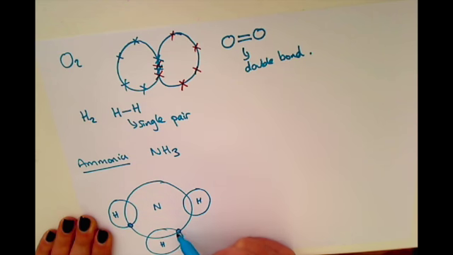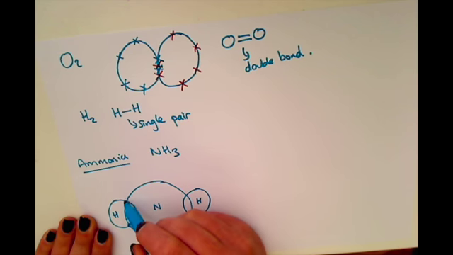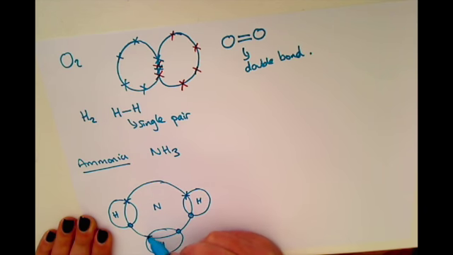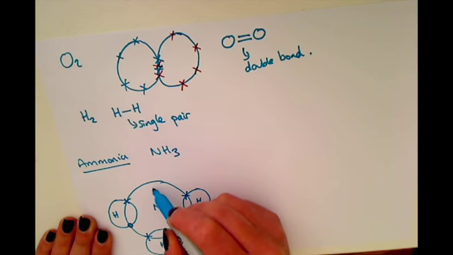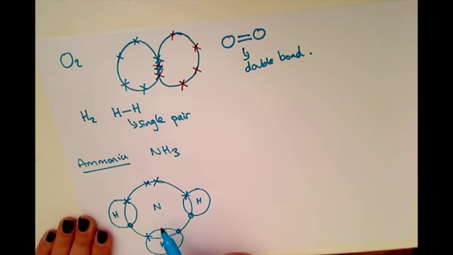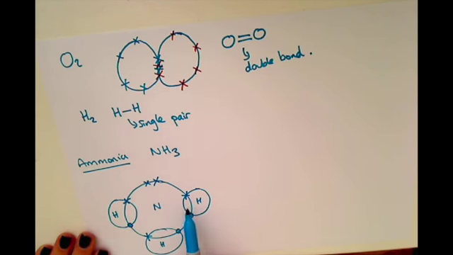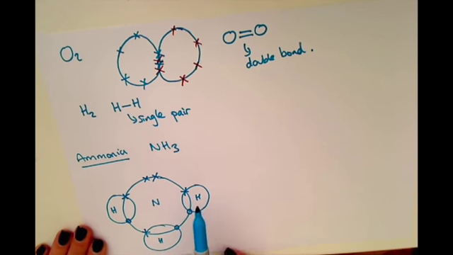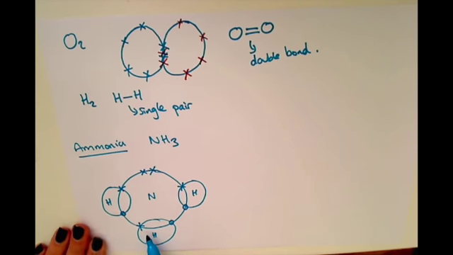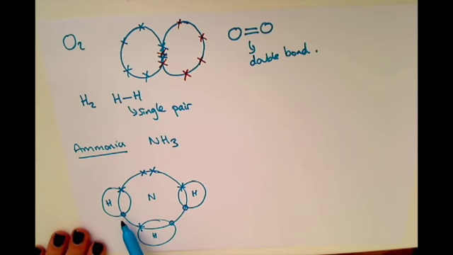We'd use a circle for the electrons of hydrogen, and we'd use a cross for the electrons of nitrogen. Nitrogen is in group 5, so it has 5 electrons in its outer shell, represented by the 5 crosses. 1, 2, 3, 4, 5. Hydrogen has one electron in its outer shell, represented by the circles.